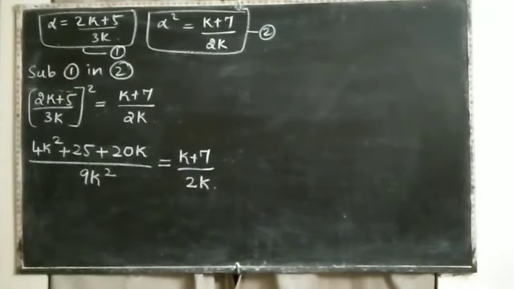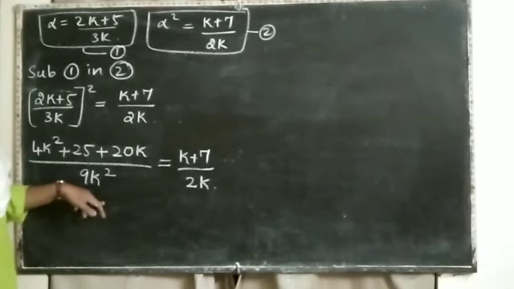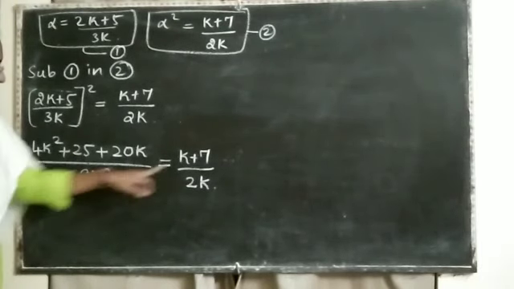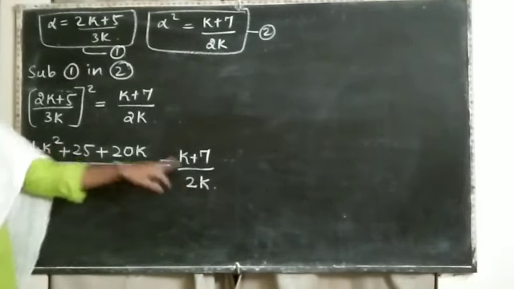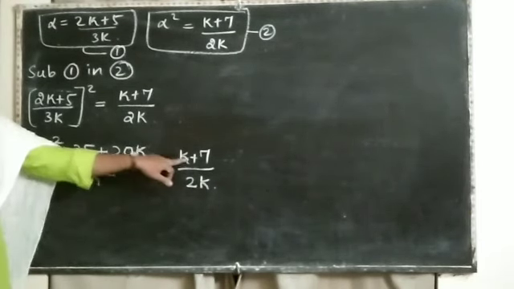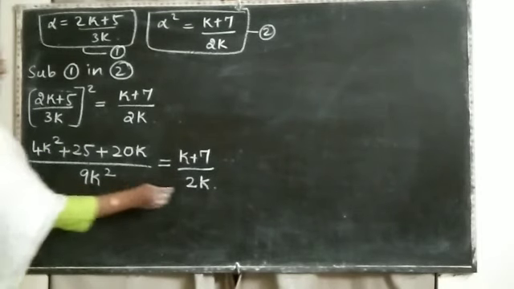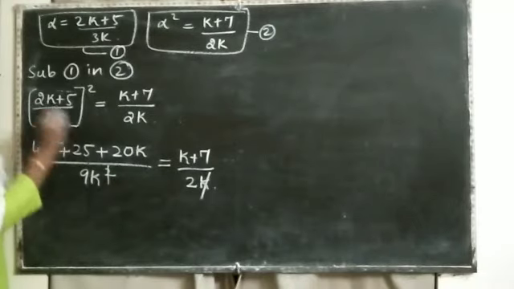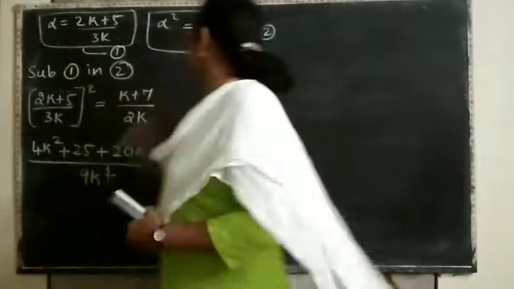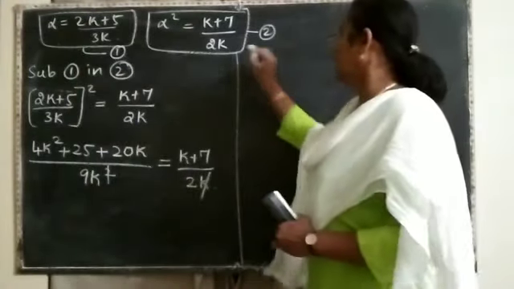Now in order to make some simplifications, I am going to cross multiply. Since equal is in between, I am going to cross multiply this 2k to this side and 9k squared to this side. Before that, I have 1k here and 2k here, so I am going to cancel out 1k.